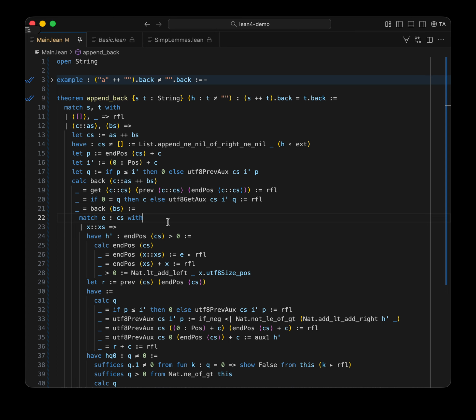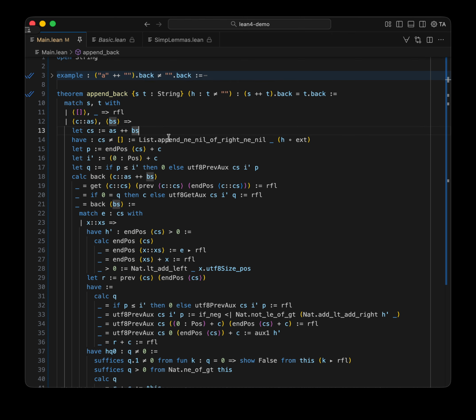But anyway, this is a raw demonstration of how you perform proofs in term mode in Lean 4. Okay, albeit this looking rather trivial and innocent, it actually takes quite some effort to prove it.